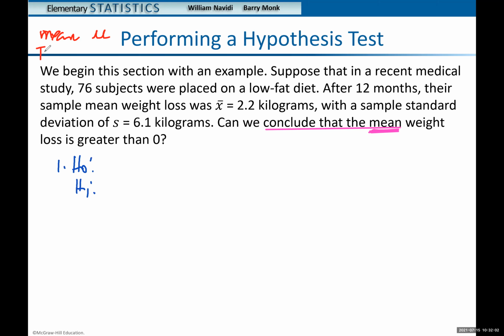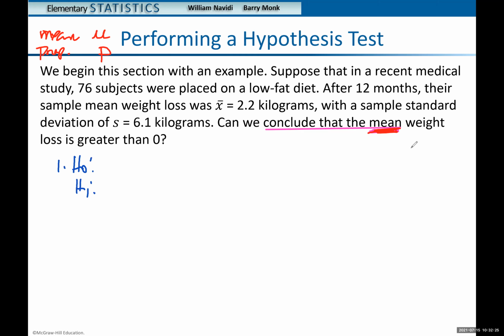If you say proportion, meaning you have to use P for your H0 and H1. Okay, so that's why you need to check, is it mean or proportion? That's another thing. For chapters 8, 9, 10, and 11, is it mean or proportion? Okay, so don't forget that.